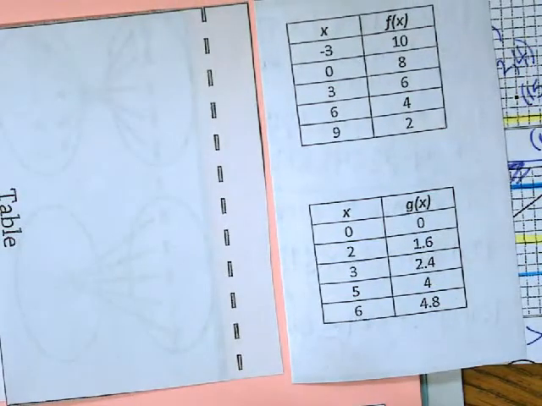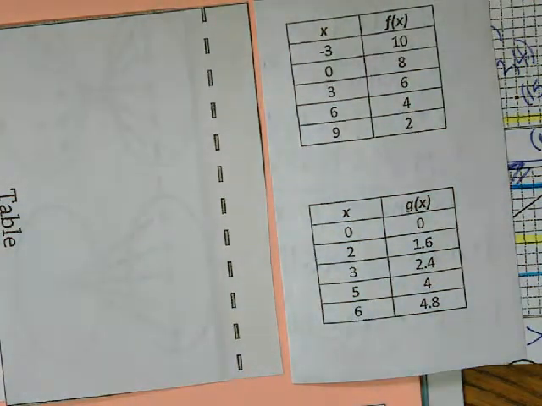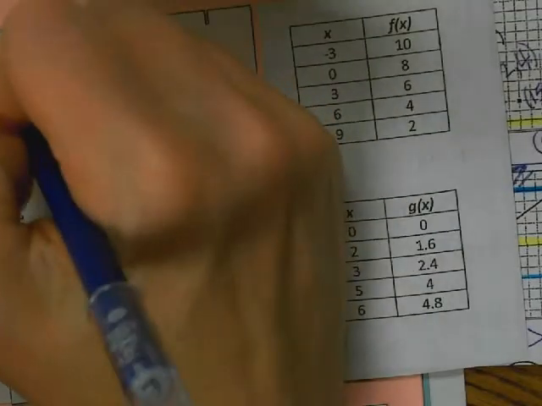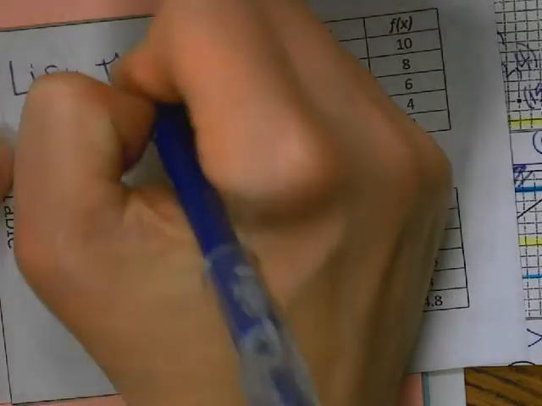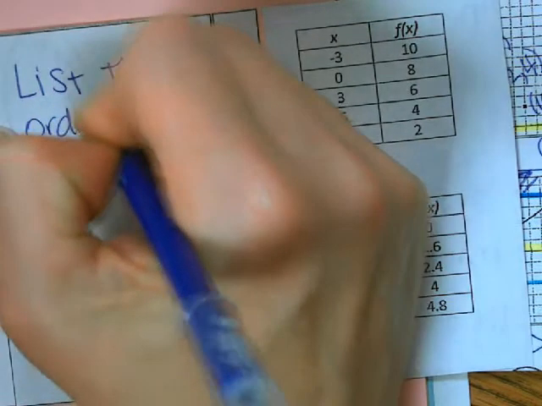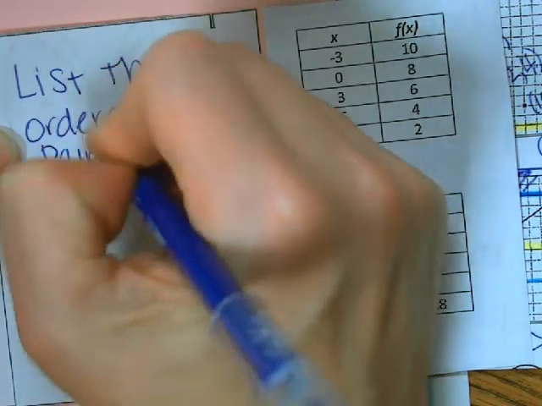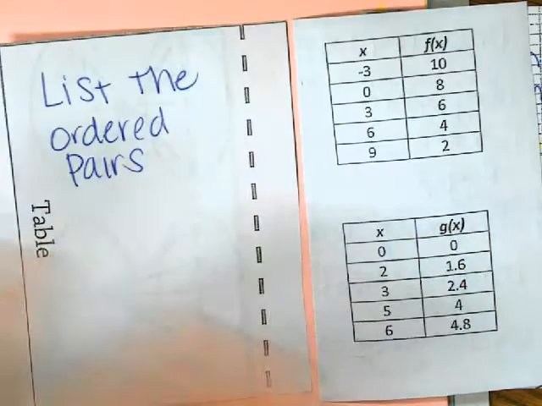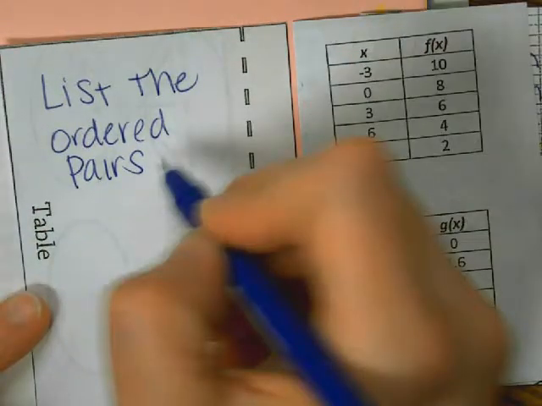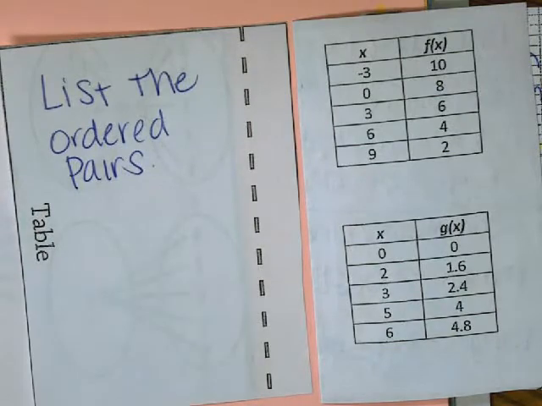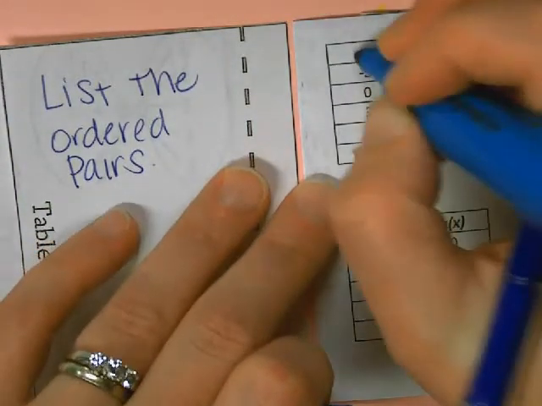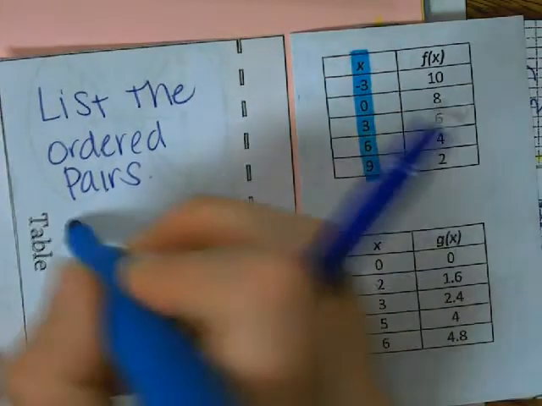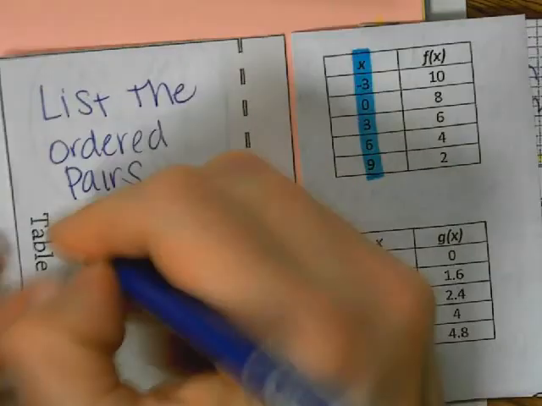The rest of these won't take nearly as long. Alright, so let's talk about domain and range from a table. So for domain and range from a table, we're going to have to list the ordered pairs, because if I have a table, it's discrete, right? So I'm just going to do this one. We won't do both of them. So domain is going to be blue.